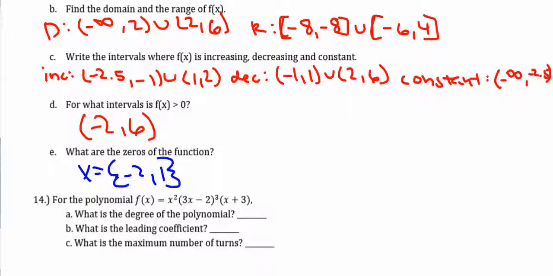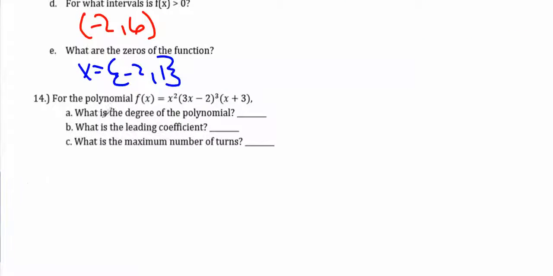All right, perfect. Now for number 14. What is the degree of the polynomial? Let's add up the exponents. So 2 plus 3 plus 1, that would be 6. What is the leading coefficient when I multiply this all out?